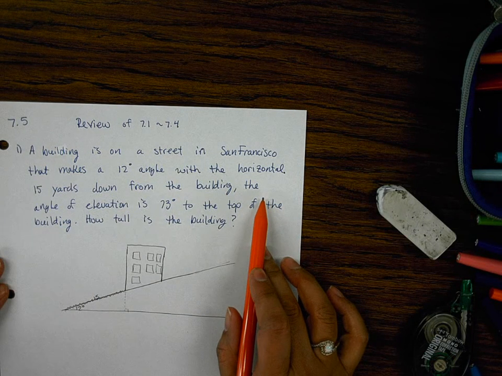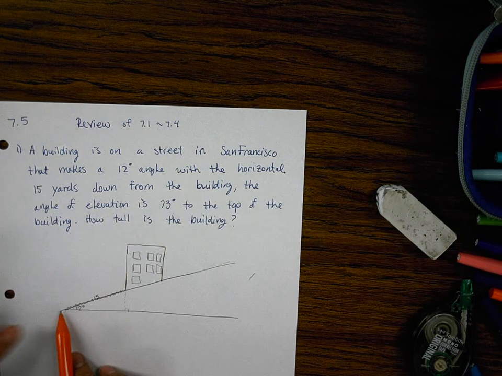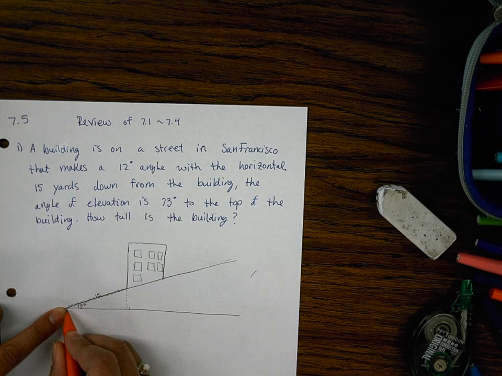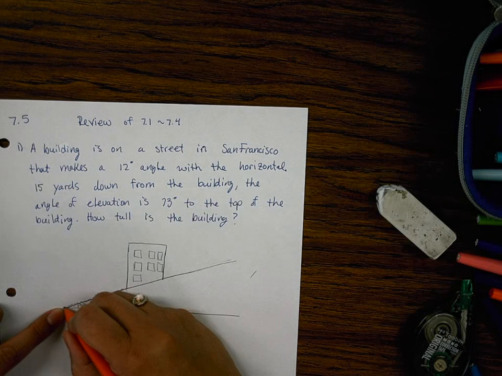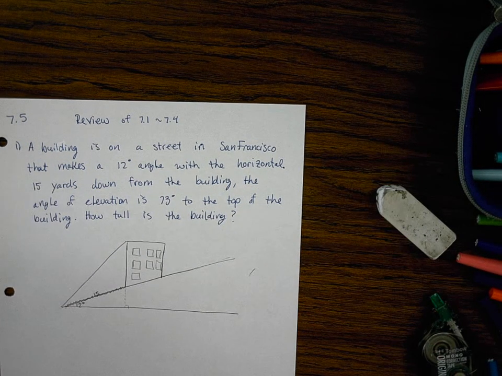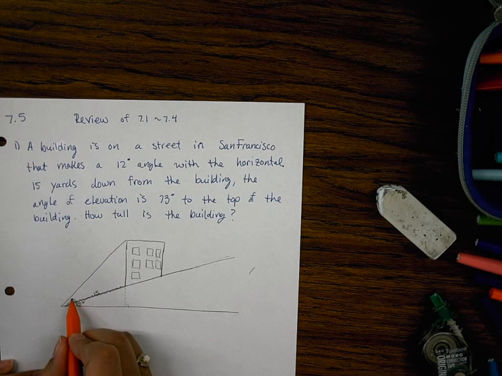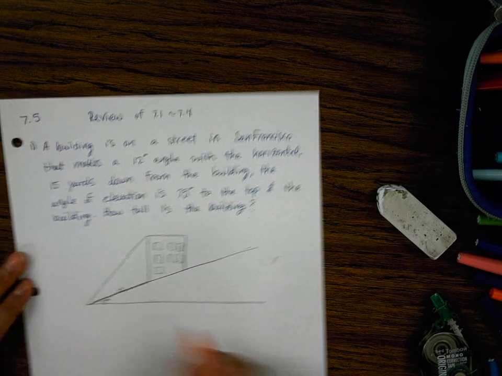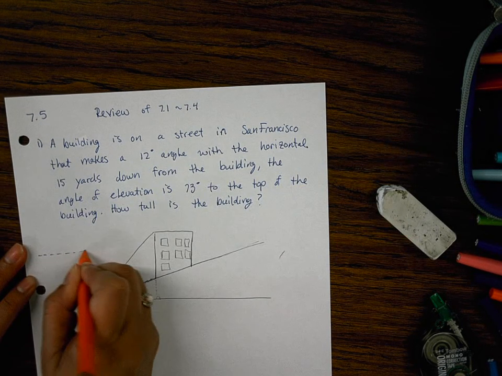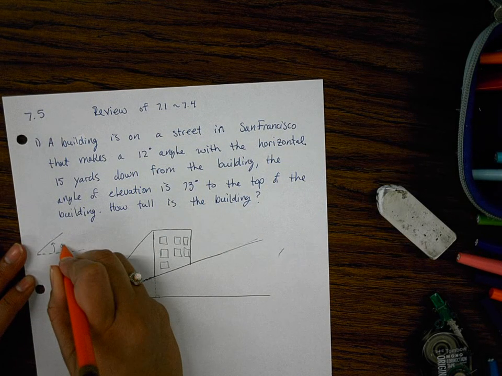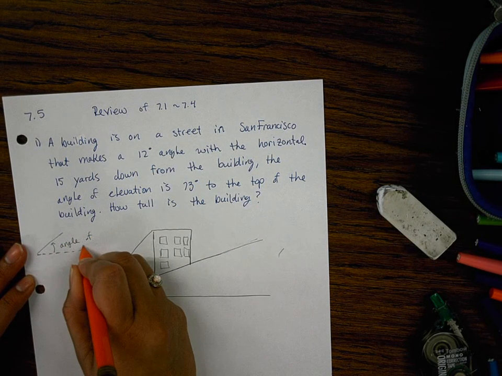The angle of elevation is 73 degrees to the top of the building. When you walk 15 yards down and look up to the top of the building, the angle of elevation is 73 degrees. The mistake kids make is they put 73 degrees in that corner, and that's not the angle of elevation. Remember, angle of elevation is from your horizontal line of sight, and then you look up.